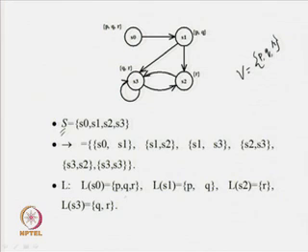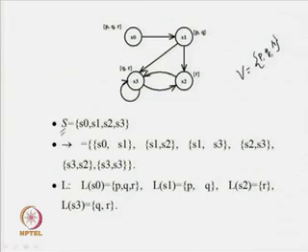So, the label of S0 is P, Q, R. In S1, P and Q are true, so the label of S1 is P and Q. The label of S2 is only R, because R is true, and the label of S3 is Q and R. With this explanation, the notion of a Kripke structure is clear, because it has three components: the set of states, the transition relation and the labeling function. And the labeling function I have already explained.